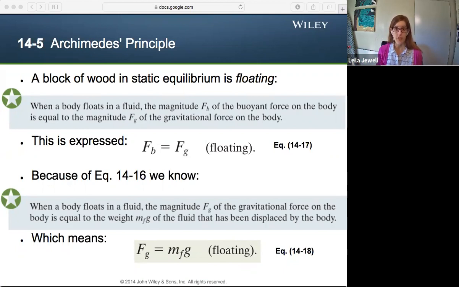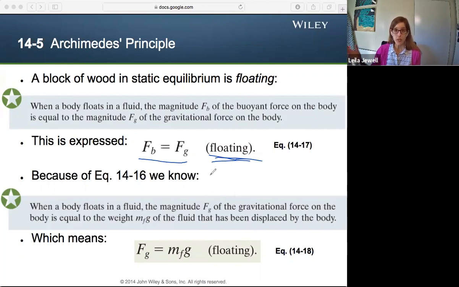In other words, if something is floating, because it's not accelerating upward or downward, because it's balanced out, then the buoyant force must be equal to the weight of the object itself. This only occurs when it is floating, because that's the only time where it's going to be in static equilibrium. But if we reach this condition of having a floating object, then we can conclude that the buoyant force is equal to the weight of the object.